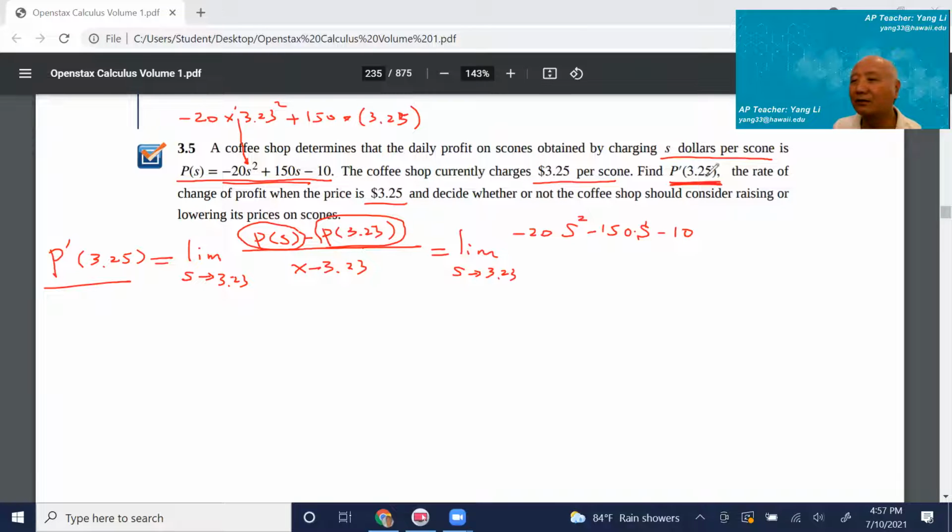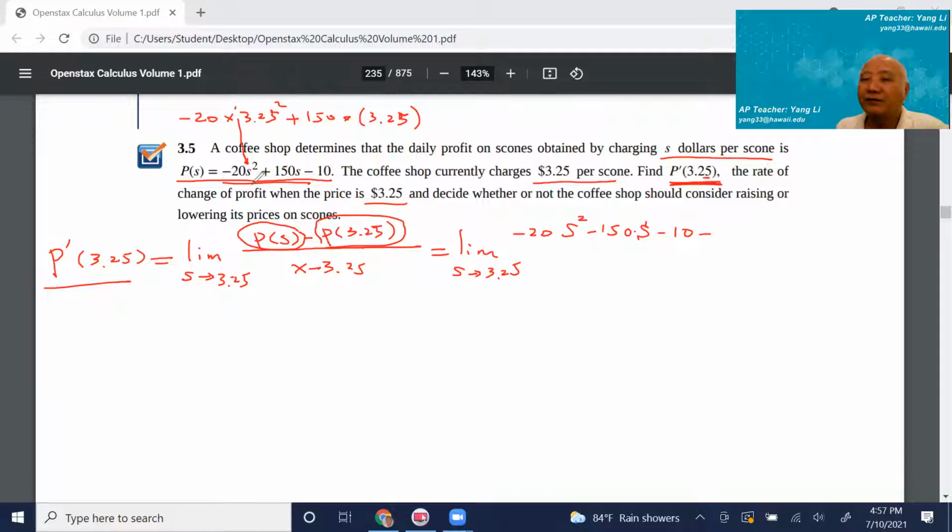This is 3.25, because it should be right at 3.25, okay? So P(S) will be this one and then minus P(3.25).